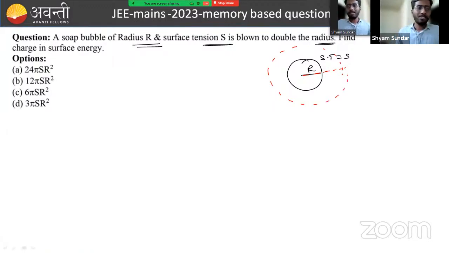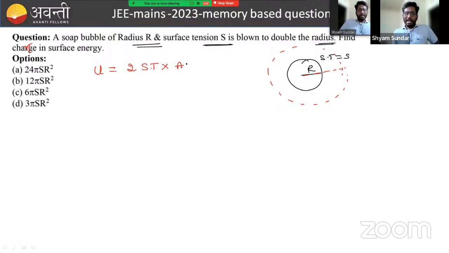Find the change in surface energy. This is not charge, it is change in surface energy. Guys, the formula for surface energy is U equals 2 times surface tension into area. Surface energy is directly proportional to the area.